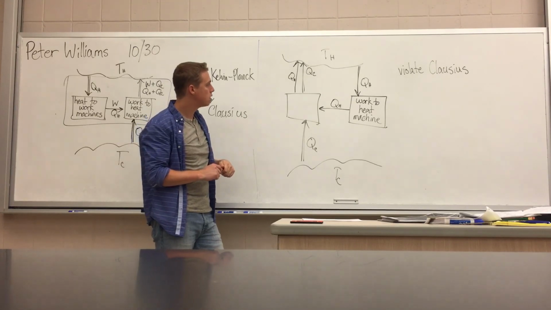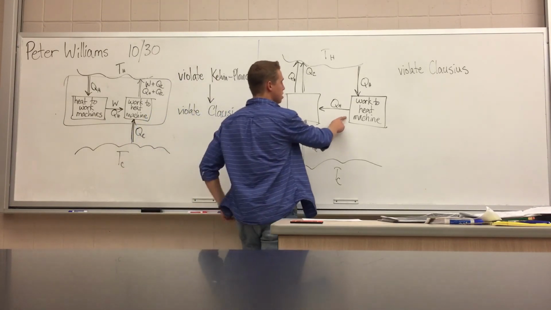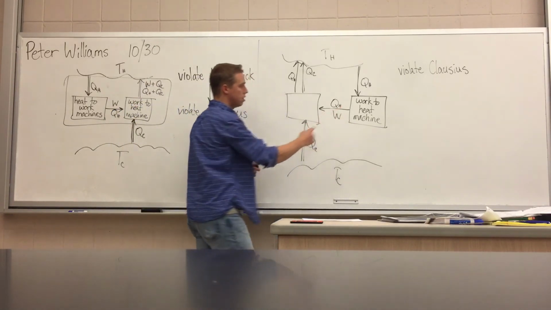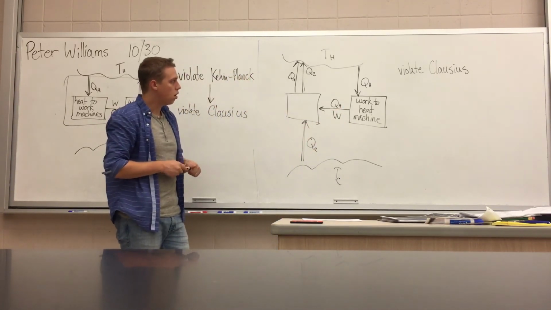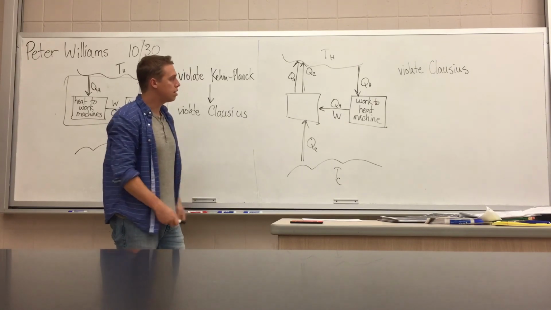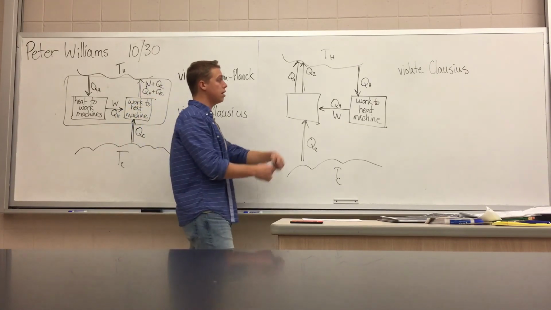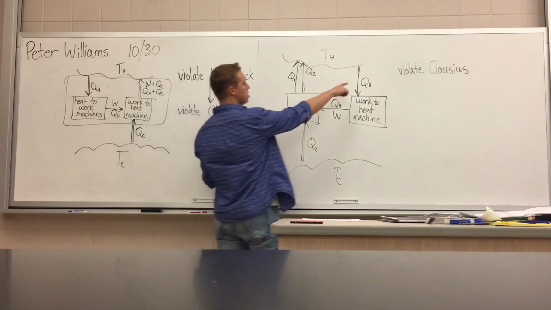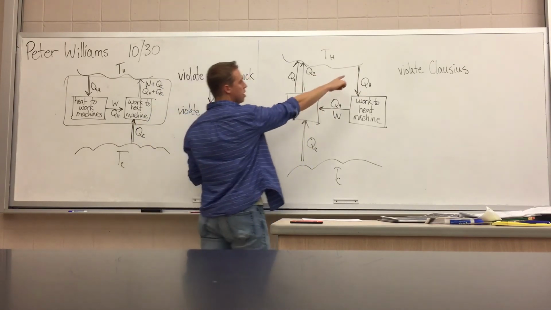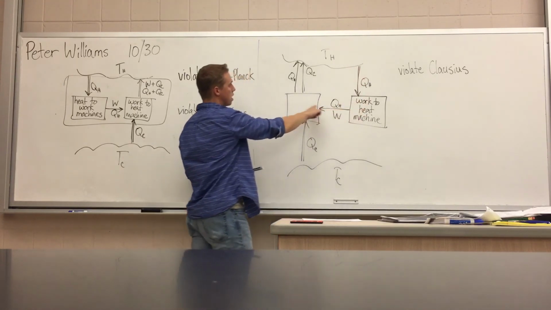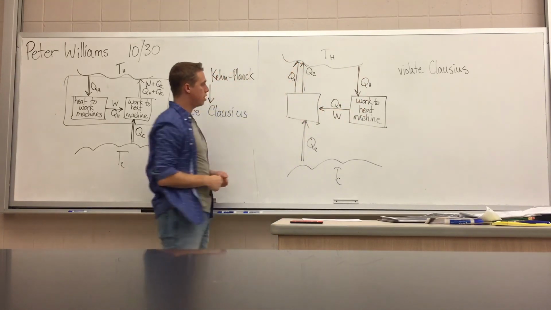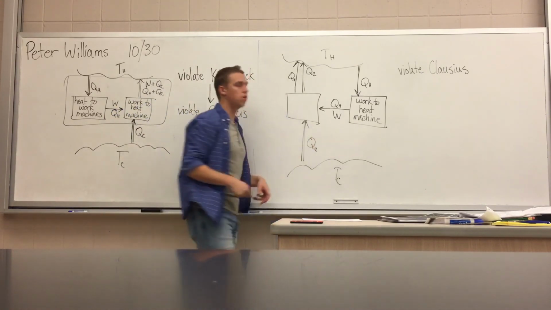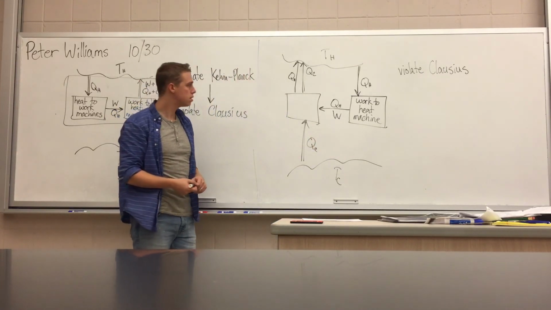But this is work that's coming out, remember? I'll put back the W. So, what we've created in doing this, inadvertently, is a system where the same amount of heat comes in, goes out, and goes out in addition to this. And so this thing is 100% efficient.